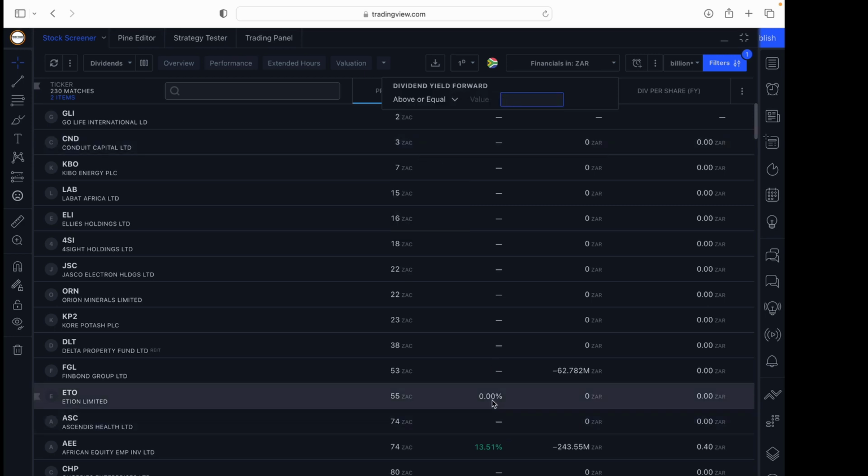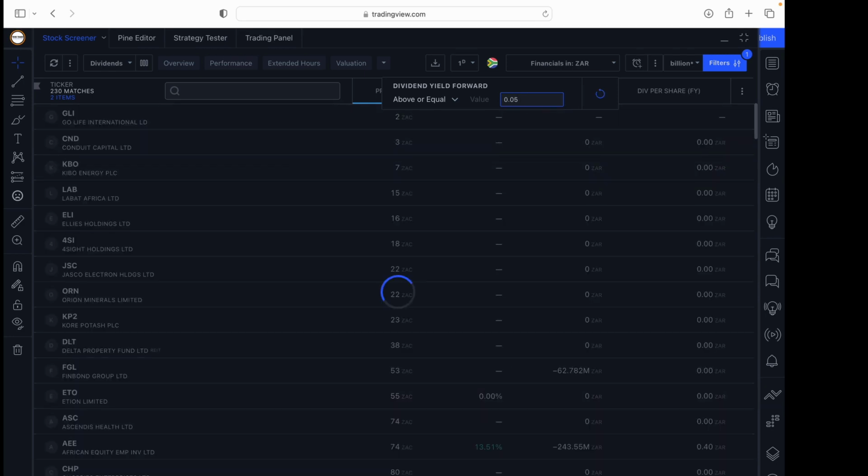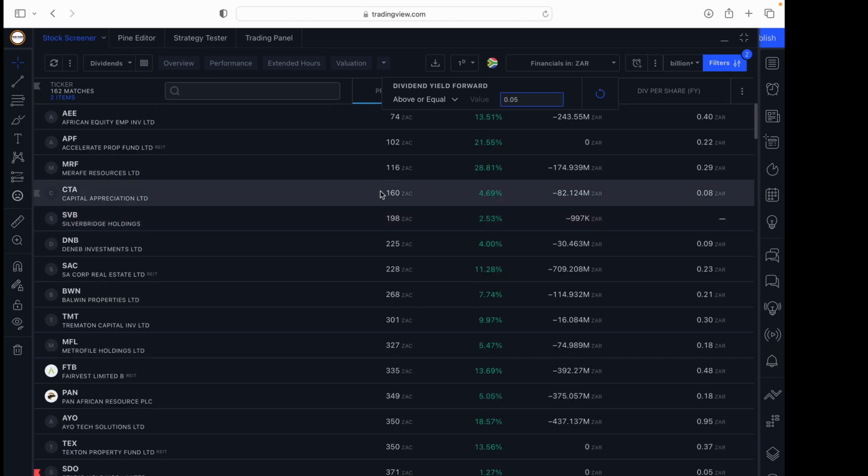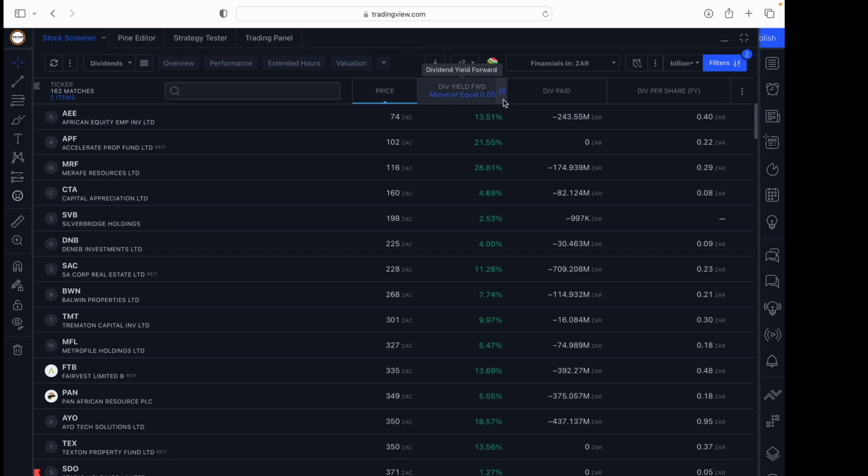Remember that when it's 0%, it highlights as just 0. So now we're going to look at, let's say, 0.05%. Then it changes. It's only going to give us those companies that have a dividend yield that is greater than 0.05. So we can see all those companies in there. So now you have the complete list of all the companies that can potentially pay you dividends on the JSE.